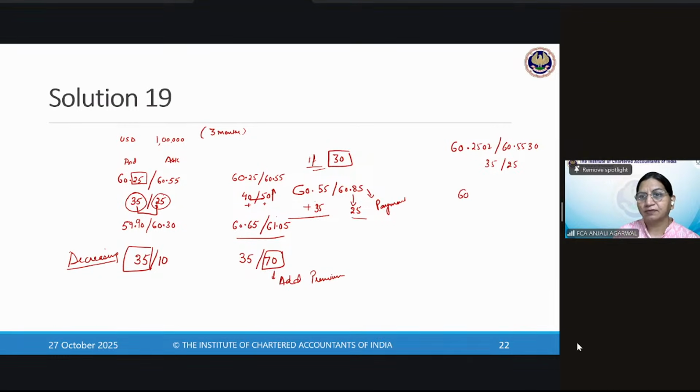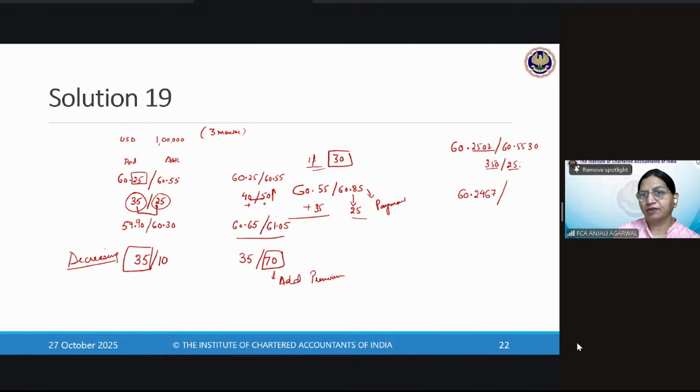It would be 60.2502 minus 35 and 60.5530 minus 25. This is the indication of swap points. Since there are 4 decimal points, this 35 would be added to the last two.